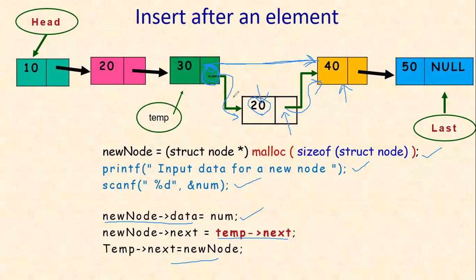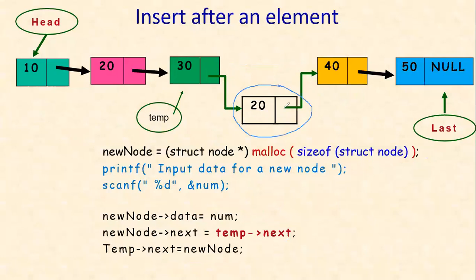Now see what happened: after the third node, I have inserted a new node and linked the new node to the next node, and the third node to the new node. Now the link is established. What is the list? 10, 20, 30, 20, 40, 50. Okay, so this is how I can insert a new element in the middle wherever I want.